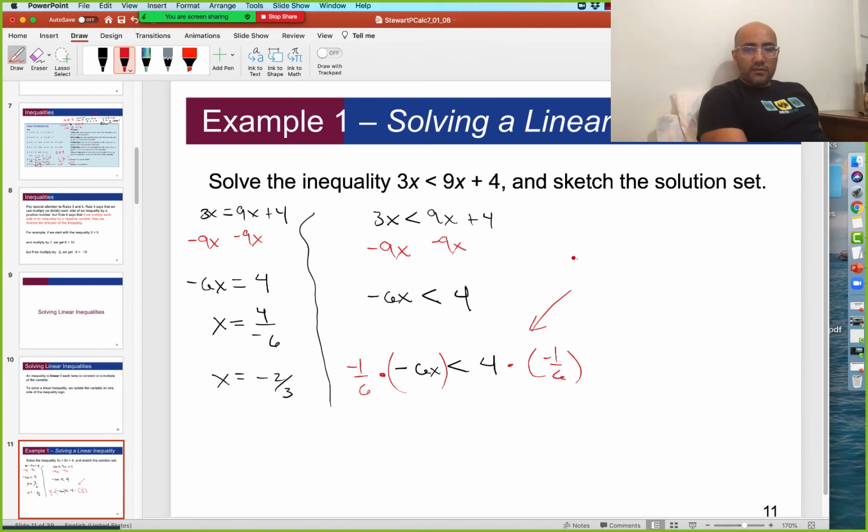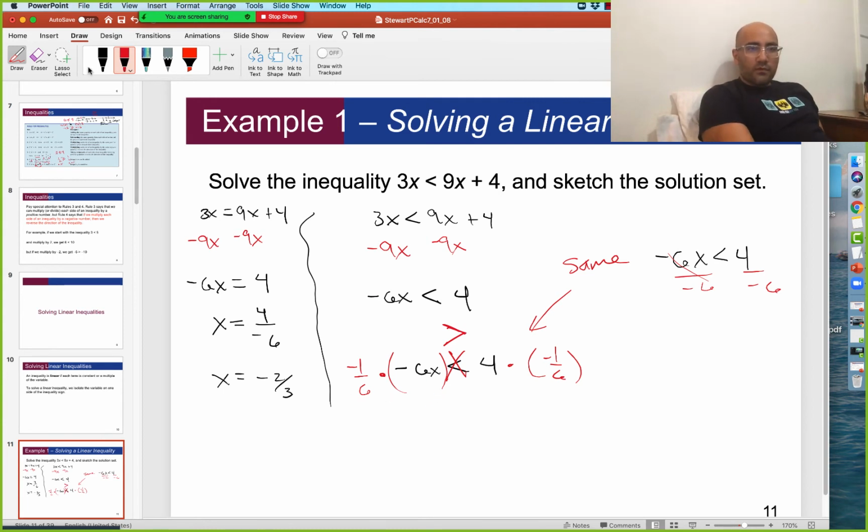Right? This is the same as saying negative 6x is less than 4, and saying I'm going to divide this side by negative 6, divide this side by negative 6. Same thing. We end up with something involving the x. Now, the point we want to drive at is that we have a rule that if we multiply both sides of the inequality by a negative number, we've got to change the direction of the inequality.